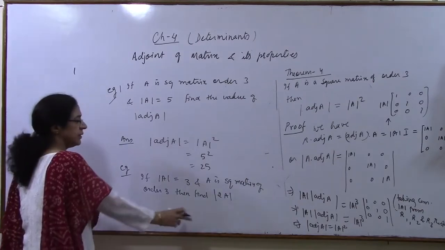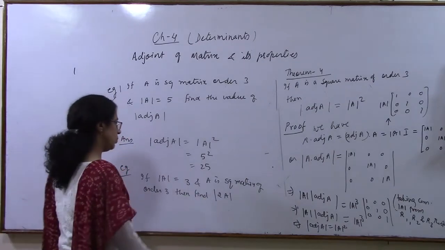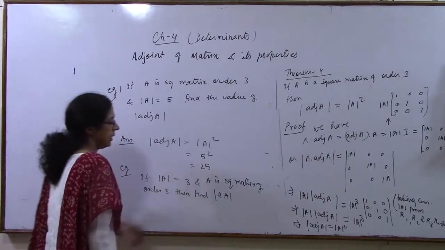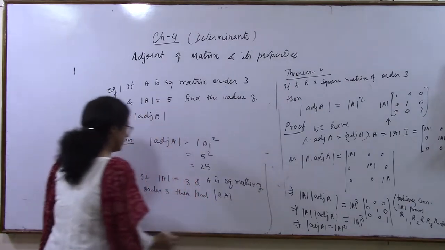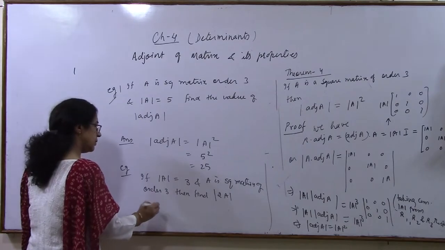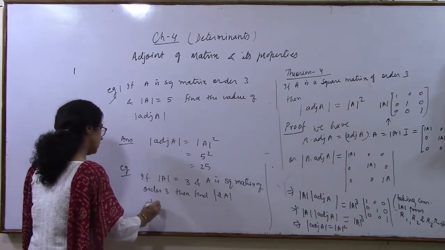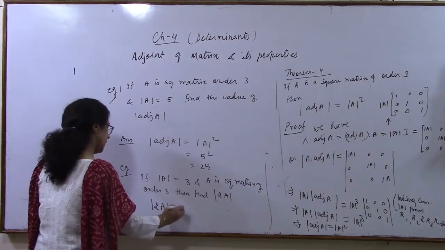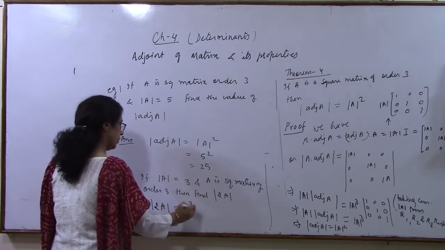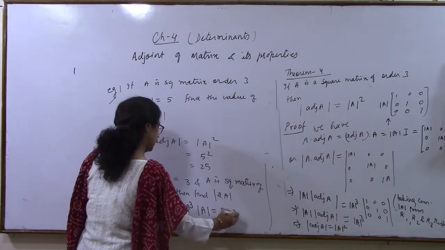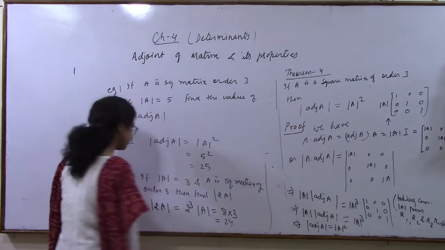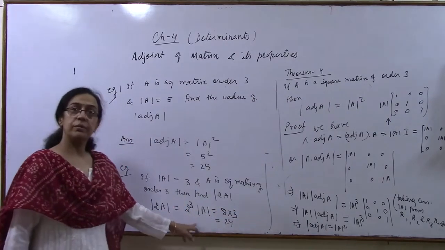What is the answer of this question? Determinant A equal to 3 and A is a square matrix of order 3. Okay. Then यहाँ पे आप इसको कैसे लिखेंगे? Determinant 2A, 3 ऑर्डर का है, then 2 cube into determinant A. That is 8 into 3. Answer is 24. 2 cube of determinant A.